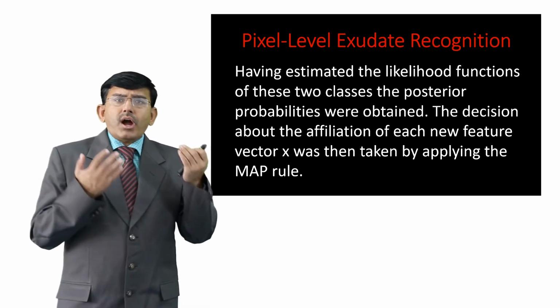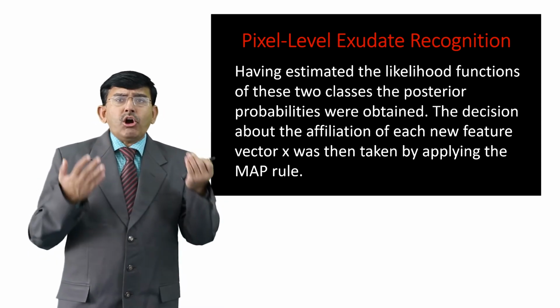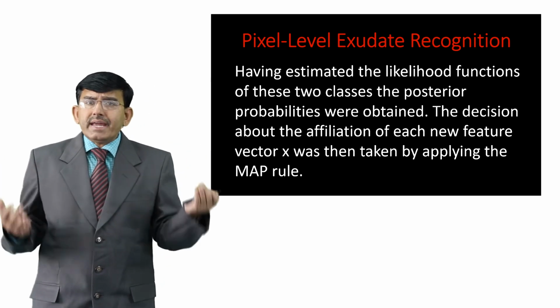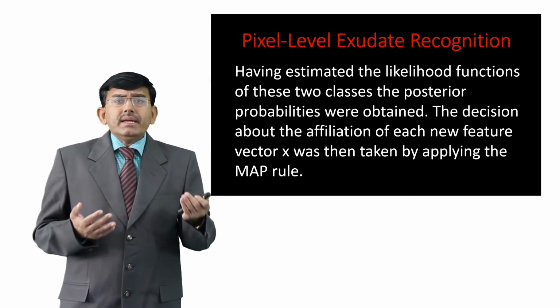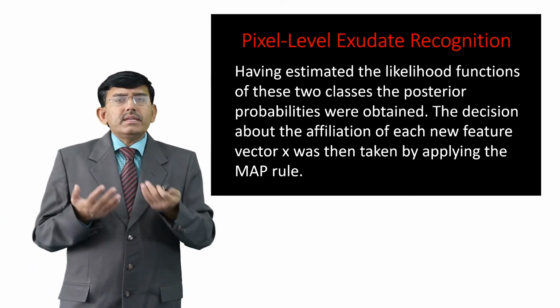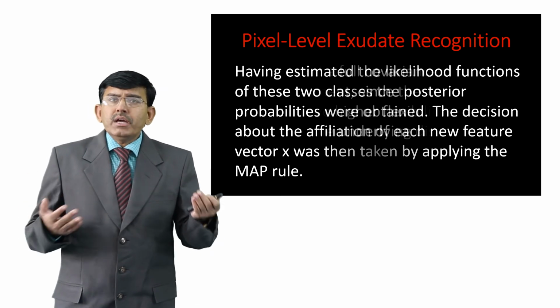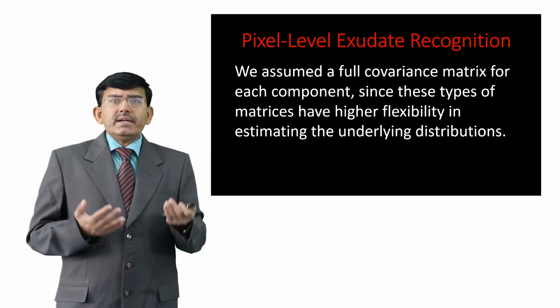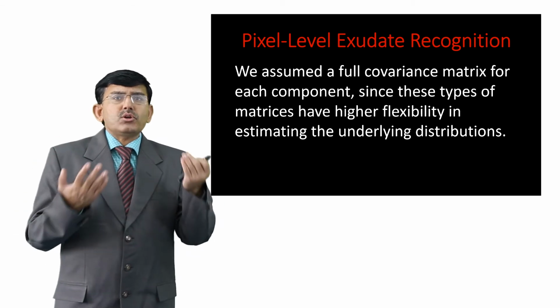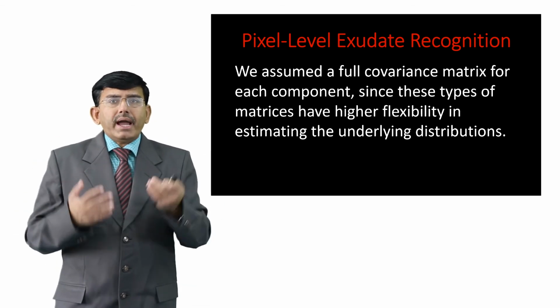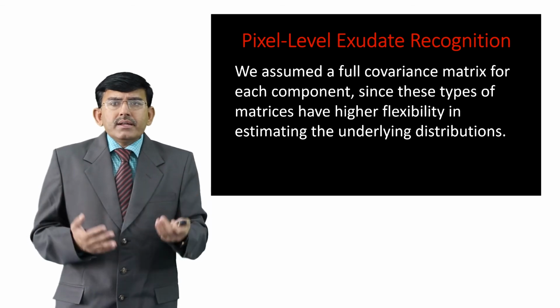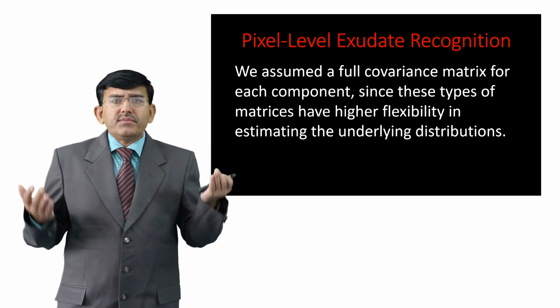The decision about the affiliation of each new feature vector X was then taken by applying the MAP rule on the feature set. We assume a full covariance matrix for each component since these types of matrices have high flexibility in estimating the underlying distribution of the features.